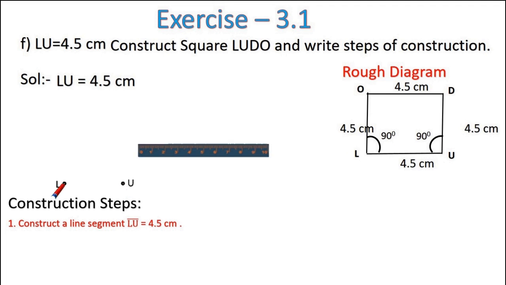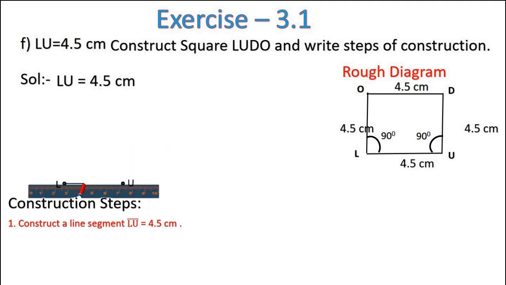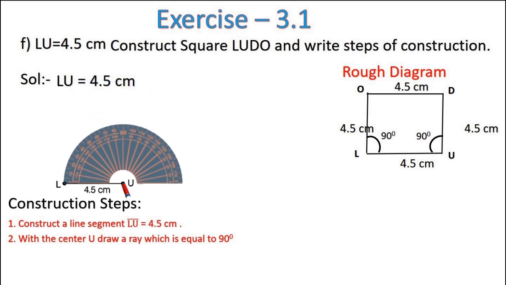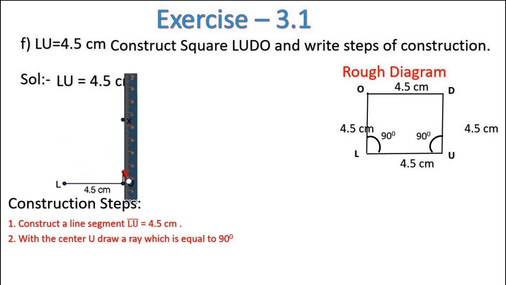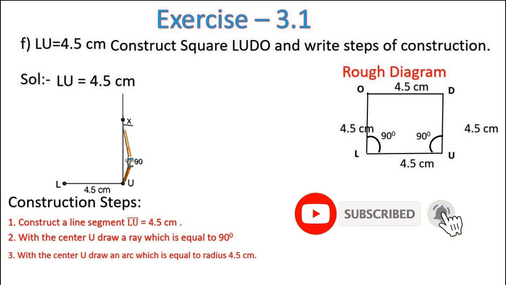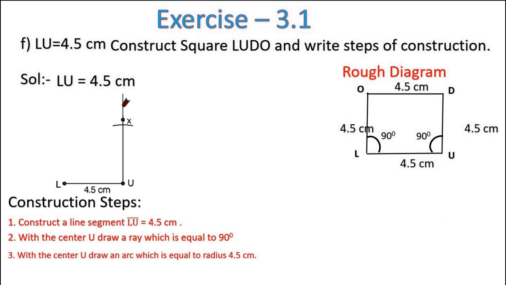With the center U, draw a ray at 90 degrees. With the center U, draw an arc of radius 4.5 centimeters, intersecting at point D.